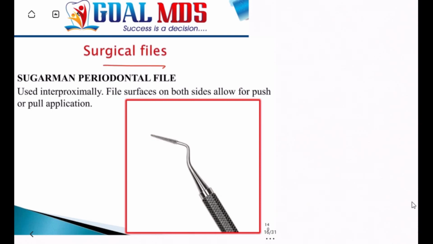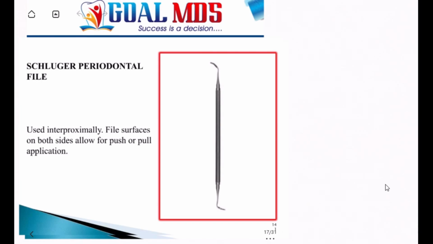Surgical file, Sugarman periodontal file, is used interproximally. So this question was asked: identify this instrument. It is Sugarman periodontal file. Schluger periodontal file is used interproximally. File surfaces on both sides allow push or pull application.